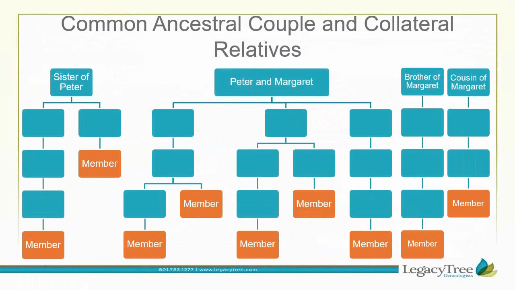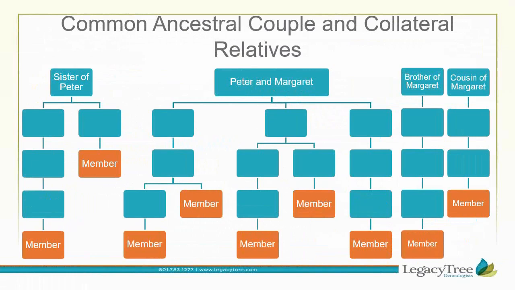So we've got mountains on one side, but we also can sometimes have valleys where instead of everyone in the cluster descending from a single ancestral couple or ancestor, we might have a large subset of the group descending from a common ancestral couple, but then maybe we are bringing in members into that group who are collateral relatives of each member of that cluster, right?